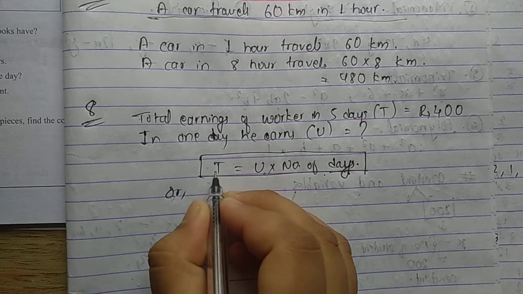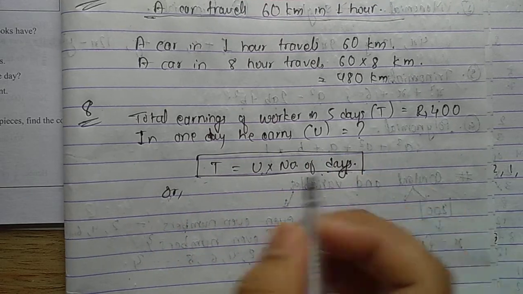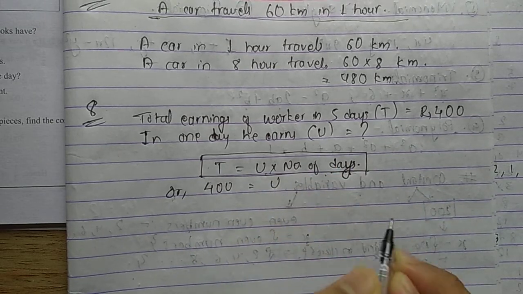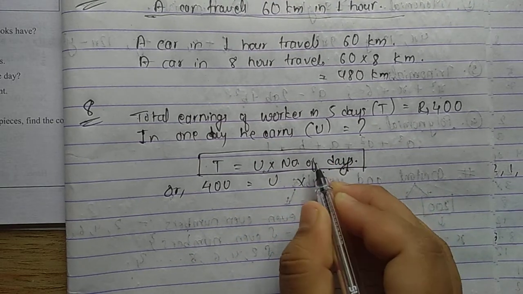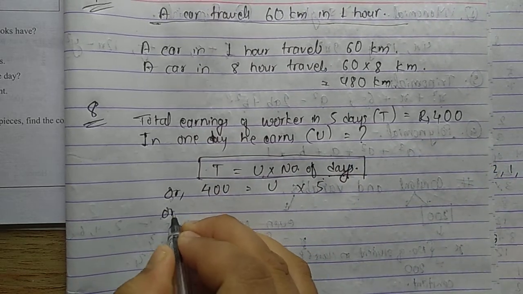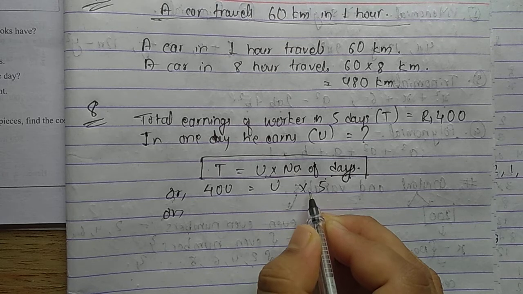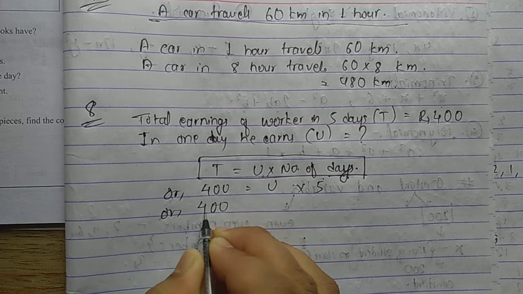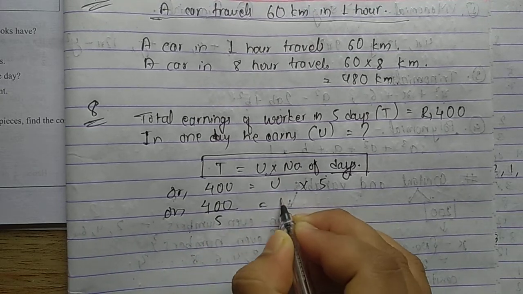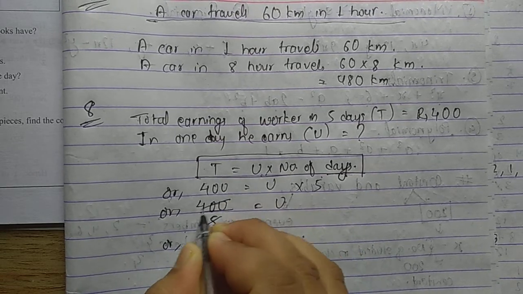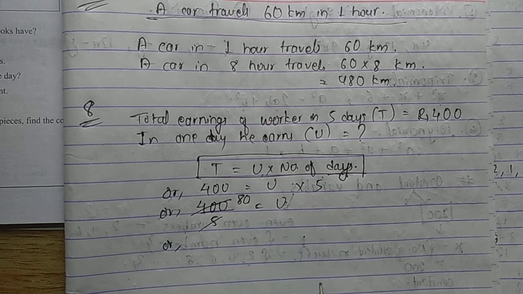So the total earning given is 400, right? And the unit we have to find out, so u will be the same, into the number of days. Look, the number of days given here is 5 days, right? So into is there. Now you can see the multiplication sign is there. When this multiplication sign goes to the other side, it becomes divide, right? 400 divided by 5 is there, and u will be the same. 4 8s are 40, 0 is 0, so 80 will be there.